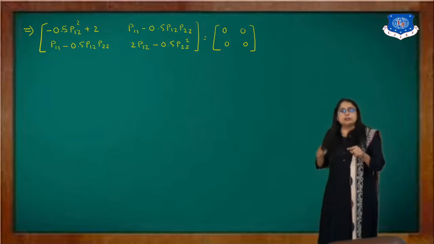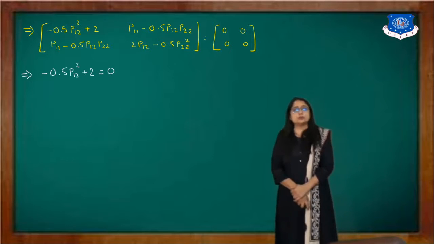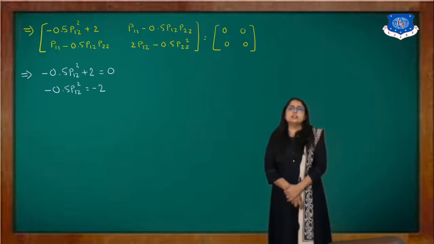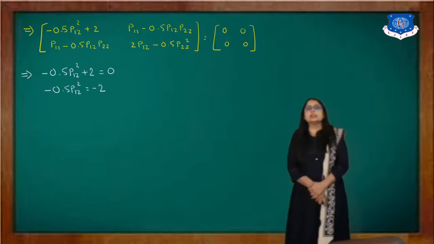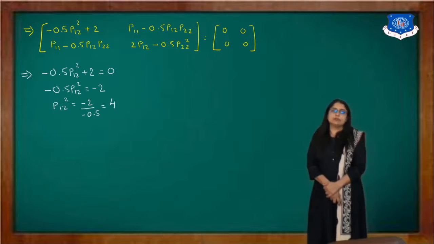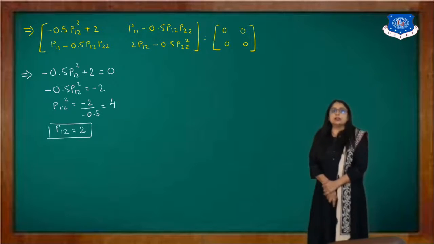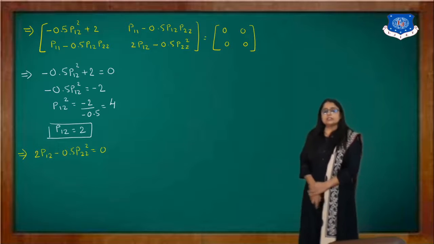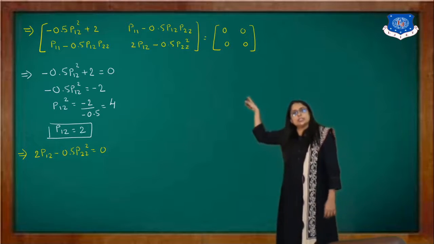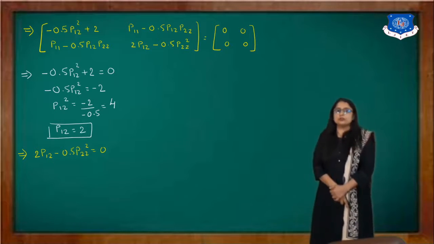Now we will represent this 0 in the form of a matrix because we want to compare each and every element. First, if I compare minus 0.5 P12 square plus 2, equal to 0, I get 0.5 P12 square equal to 2. So P12 square becomes 2 divided by 0.5, that is 4, so the value of P12 is 2. Similarly, I compare the last row, second column: 2P12 minus 0.5 P22 square, equal to 0.